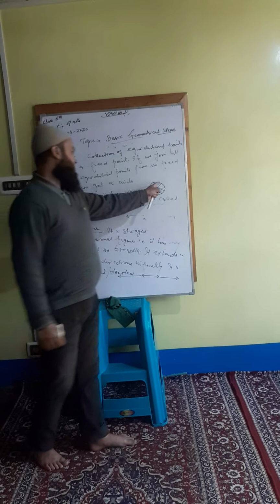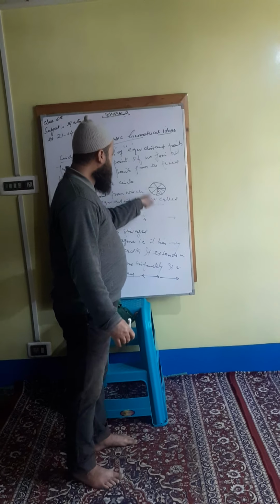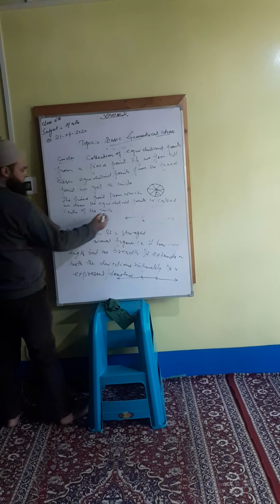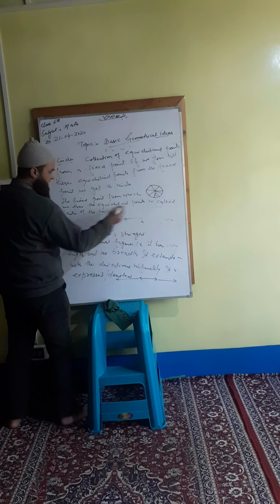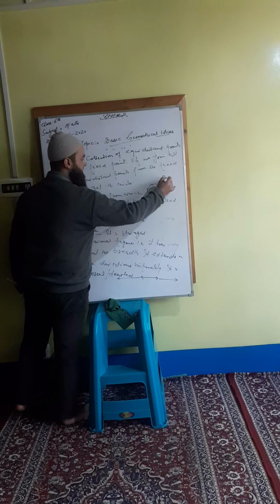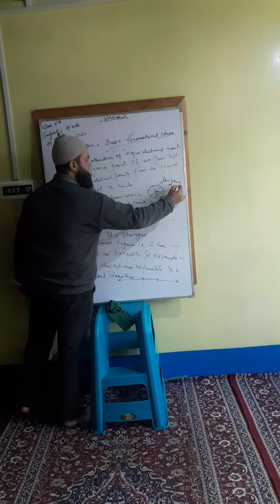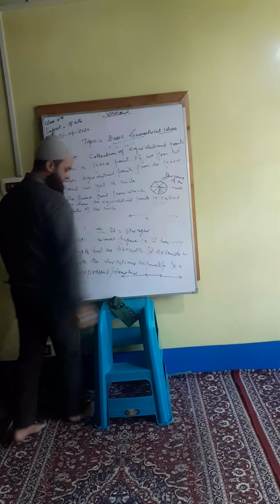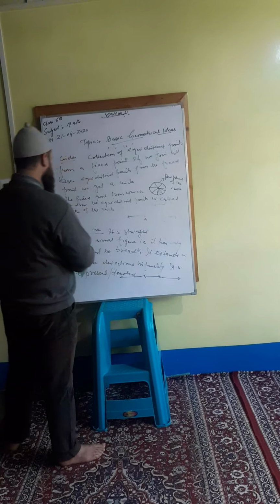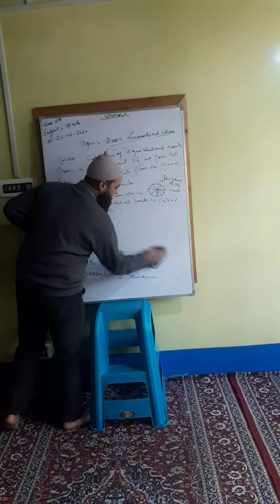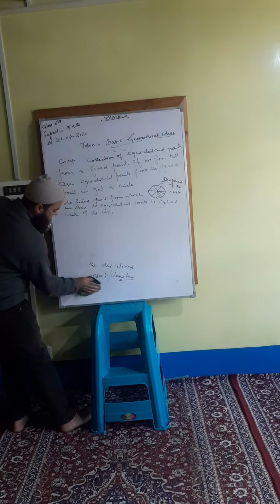And the curve which joins these equidistant points is called the periphery of the circle.